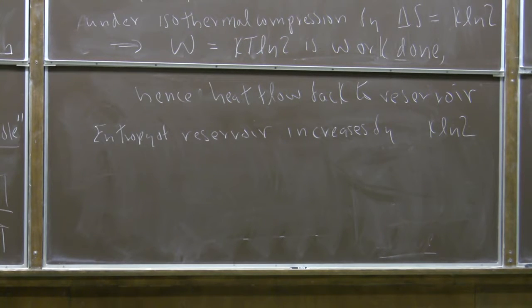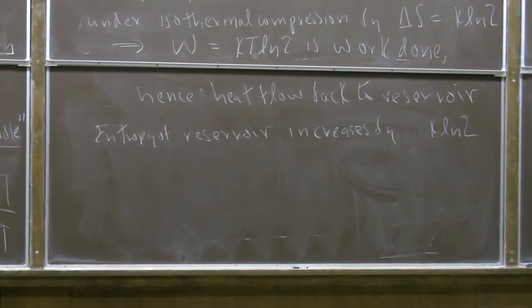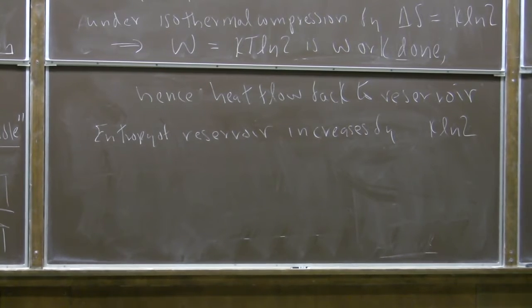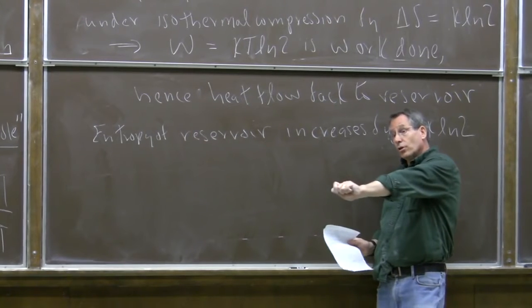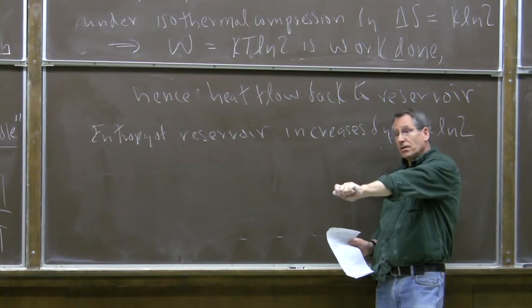But it wasn't a closed cycle, because I wound up with a bit stored in the Demon's memory. To get a really closed cycle, I've got to erase that bit. The erasure of the bit, though, is a dissipative process. When it's done as reversibly as possible, it sends entropy k log 2 back to the reservoir, and it requires that we do work kT log 2.